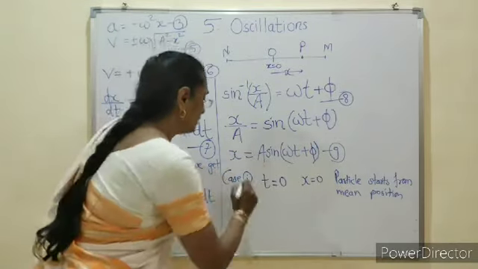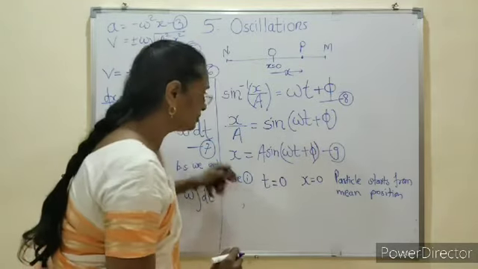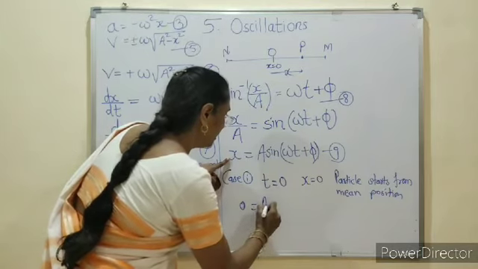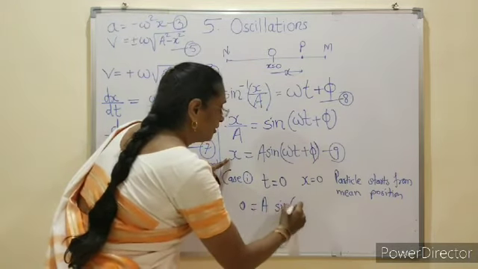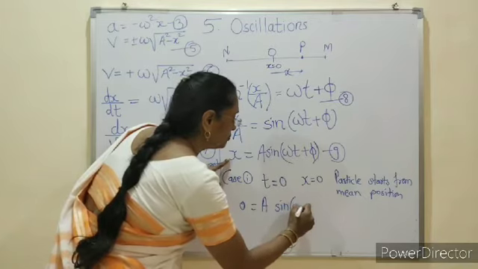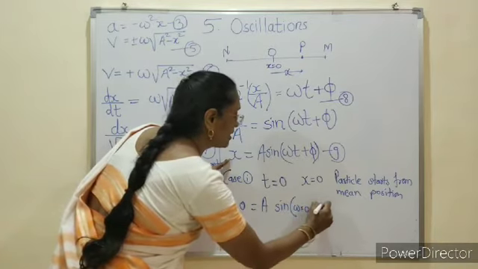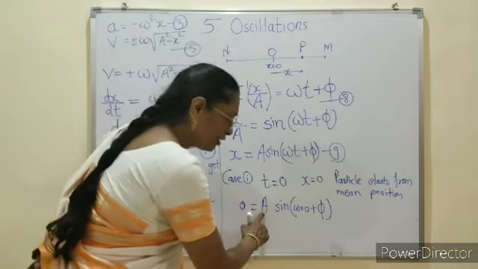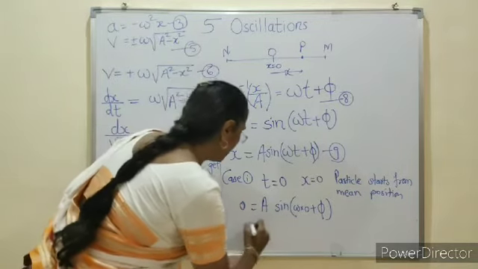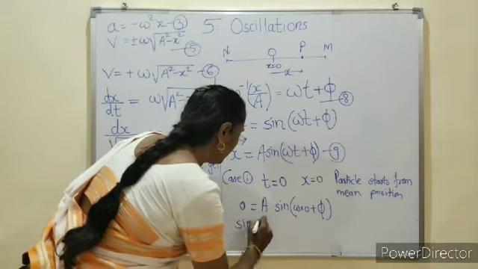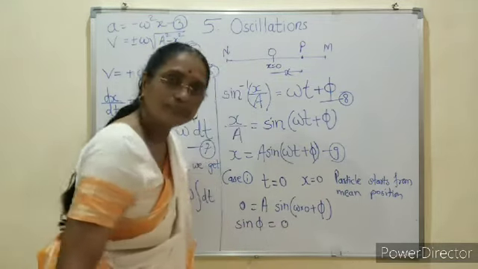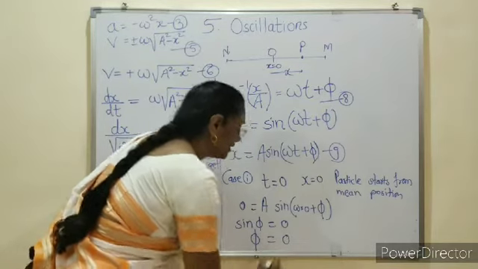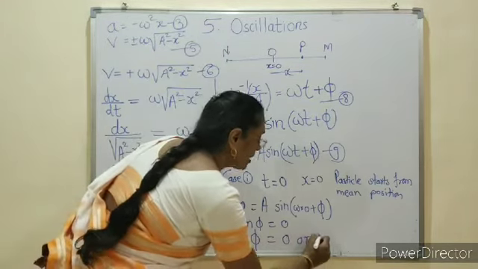How does it modify? We substitute x is equal to 0 in equation 9: 0 is equal to a sin(omega into 0 plus phi). Here a cannot be equal to 0, therefore sin phi is equal to 0 and phi can be written as 0 radian or pi radian.